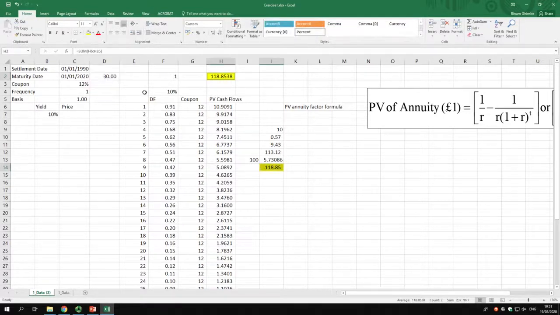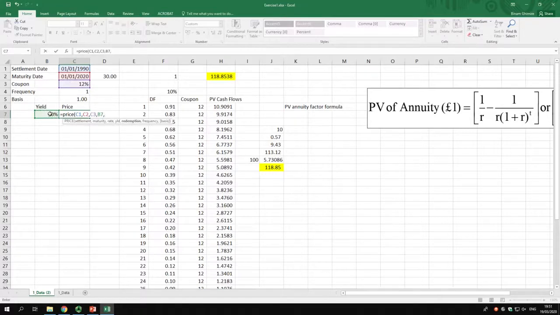Again, it is not my intention for you to be doing all this. In fact, what you can do is ask the computer to help you calculate the price of the bond. So if you do this here, equal PRICE, open bracket, settlement date, which is 2 days after the purchase agreement, then maturity, then rate, the coupon rate, then yield, then redemption, say 100, and then frequency, how many times in a year the coupon is paid, just once.